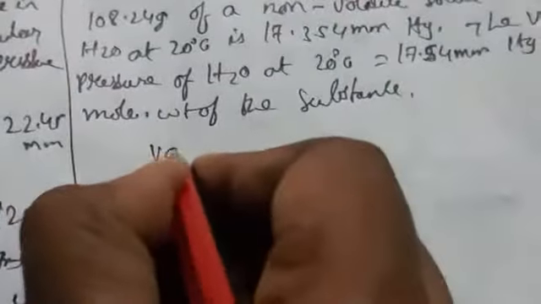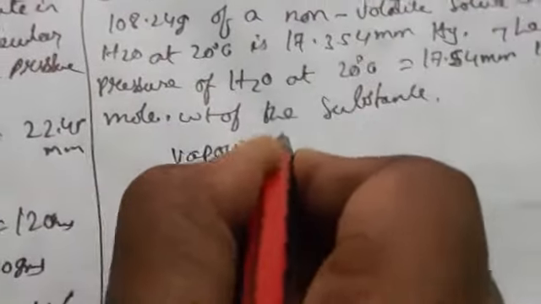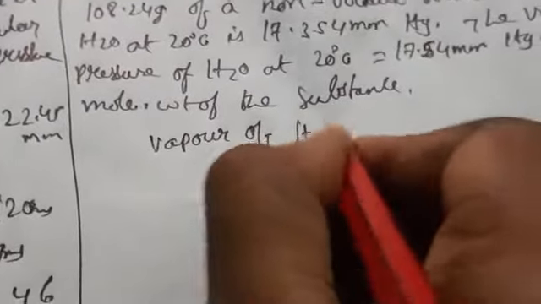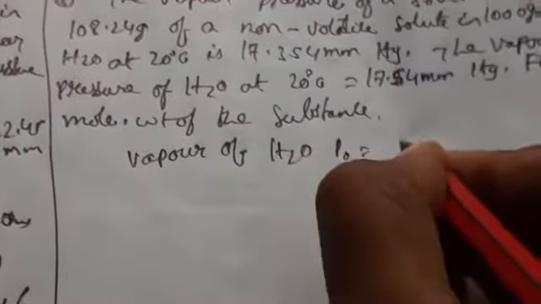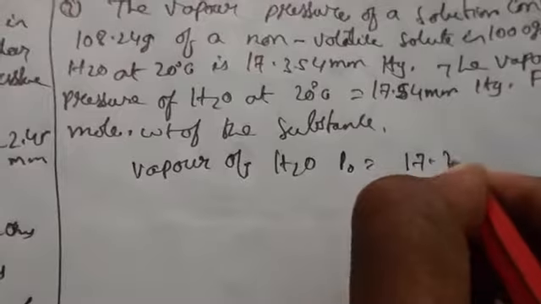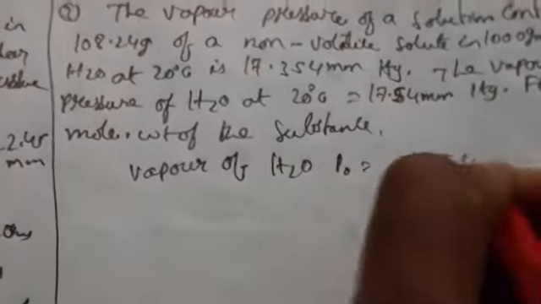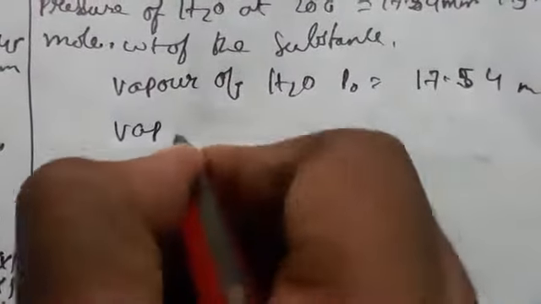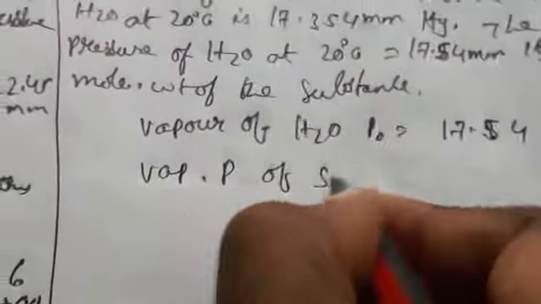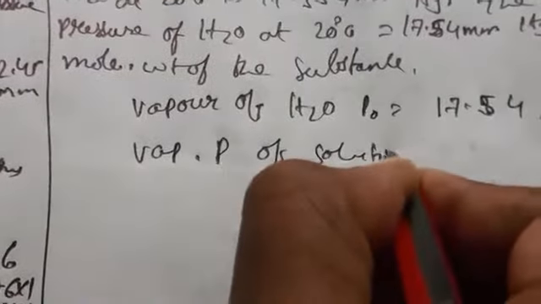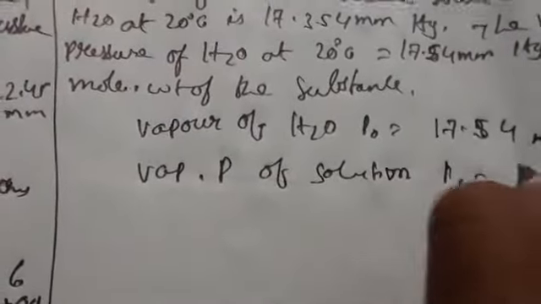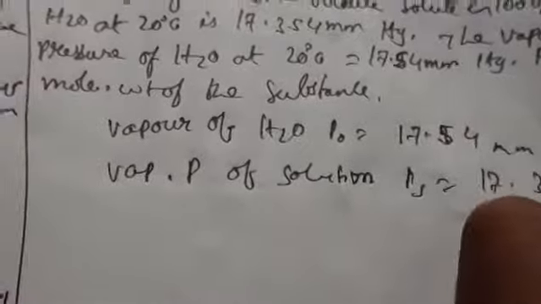So now coming to here, vapor pressure of H2O means P naught, how much he has given? 17.54 mm, and here vapor pressure of solution, that is PS, is equal to 17.354 mm.